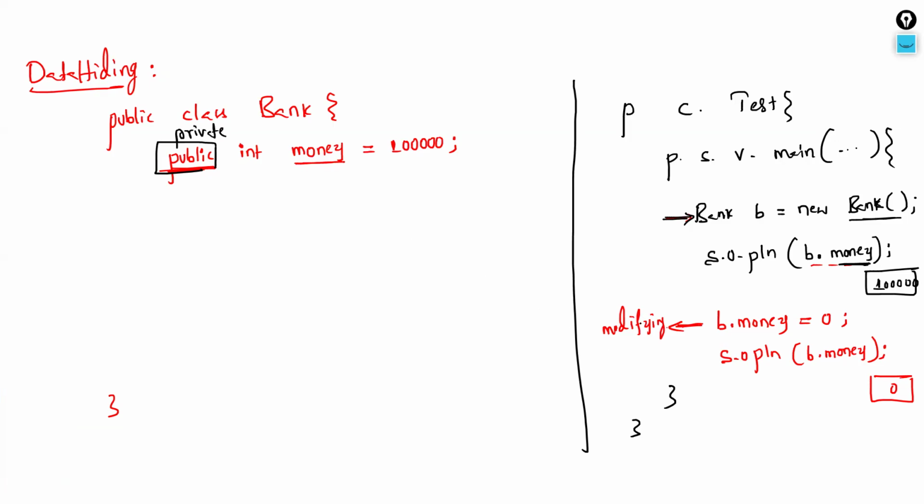Public means everybody can access and modify; there is no security. But if you make it private, is it possible to access? No, it's not possible.